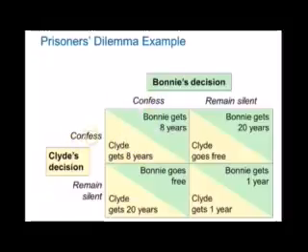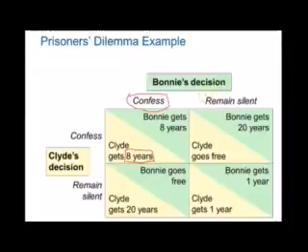What should Clyde do? Clyde doesn't know if Bonnie's going to confess or not. Clyde's like, well, I think it's better for me to confess too if Bonnie confesses, because I just get 8 years instead of spending 20 years in prison.